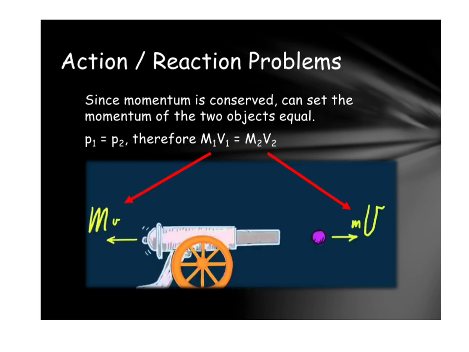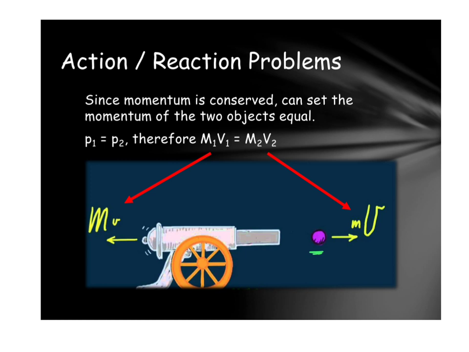One last little thing to wrap up this first half of the notes, with action-reaction situations. In an action-reaction situation, momentum is conserved. And this is something like this cannon recoil. We fire a projectile. We have this relatively small cannonball that has a relatively high velocity going out.